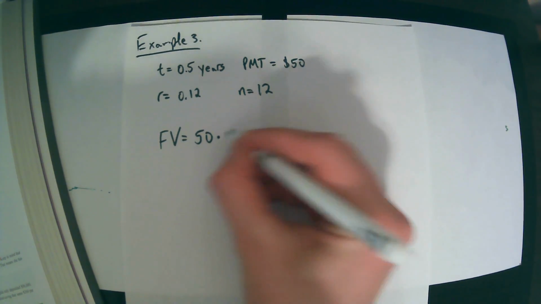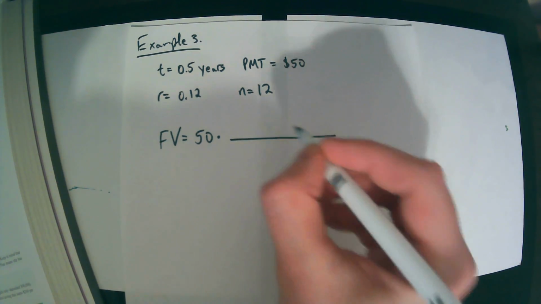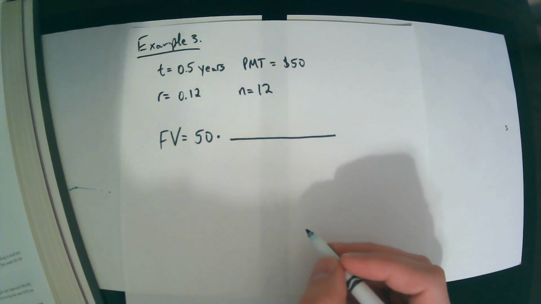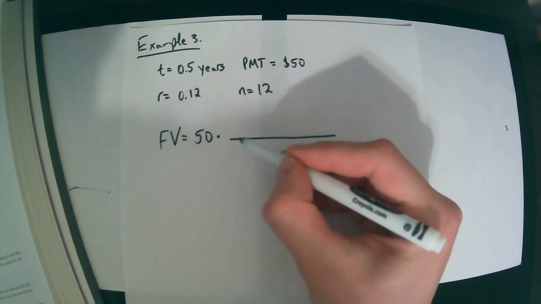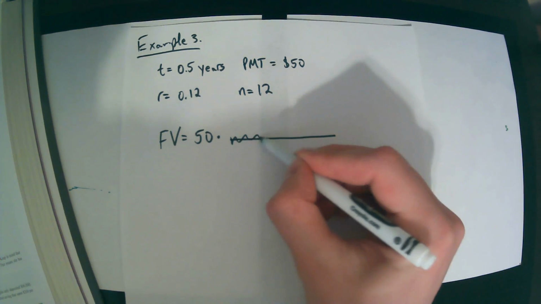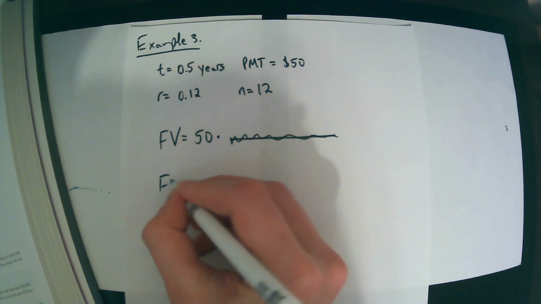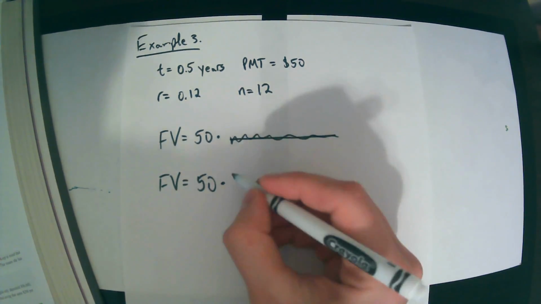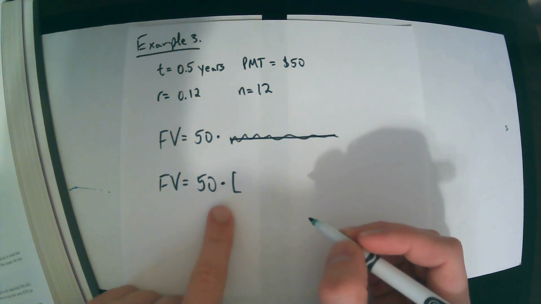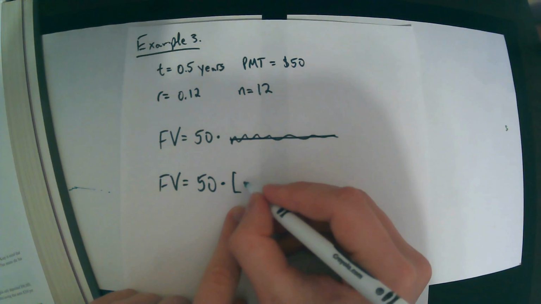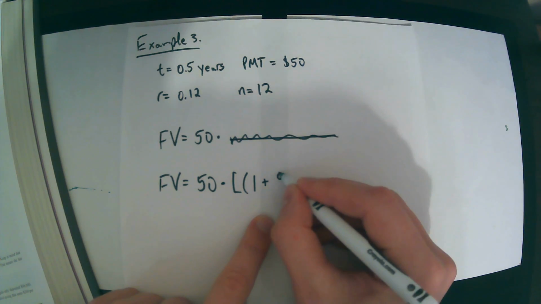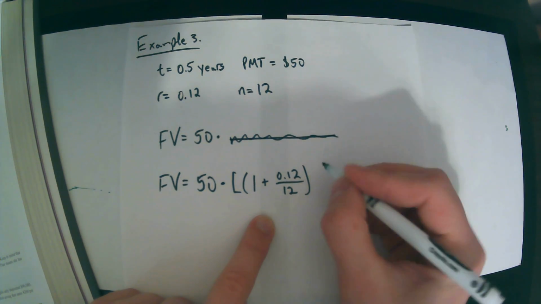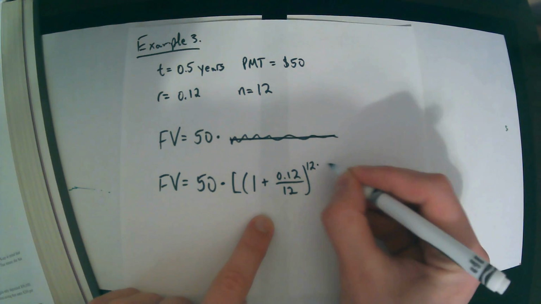And that payment times, and then we're going to have a big fraction. The formula is written as a fraction, but that rule I applied for dividing by fractions last time, at the end, we can put it up front, really, and we could say, so in our bracket here, we'll still need a bracket. We're going to have 1 plus r, which is 0.12, over n, which is 12, raised to the n times t.